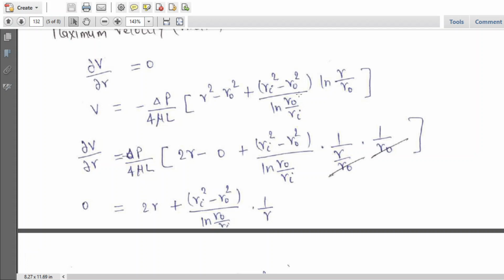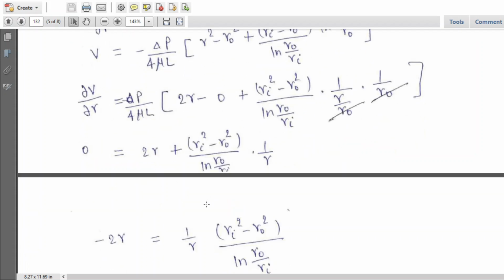Then you are differentiating this particular term. First you consider a whole term and differentiate this one only, so you get this. After that, because you are differentiating with respect to r, you get this term.